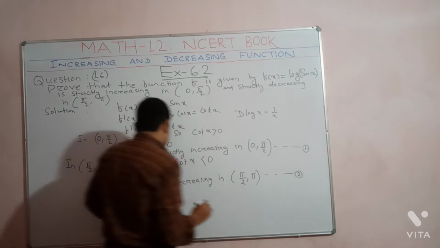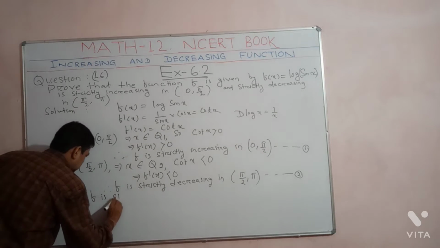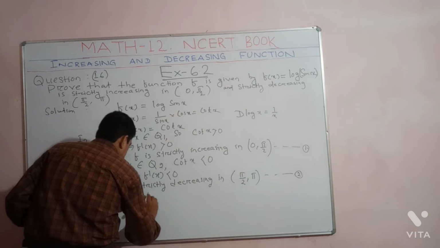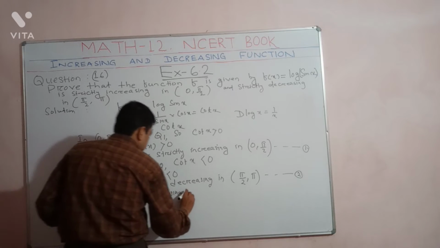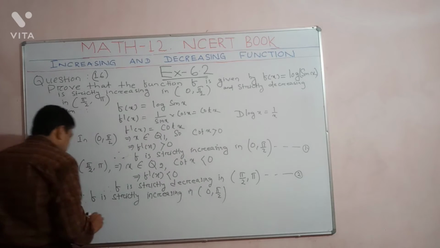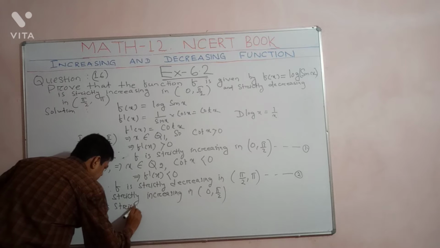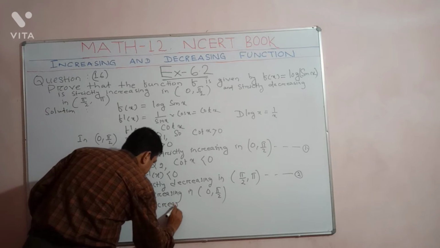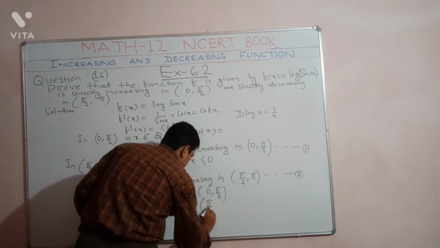Thus, we get that f is strictly increasing in the interval 0 to pi by 2. Okay, and f is strictly decreasing, understood? Strictly decreasing in the interval what? Pi by 2 and pi.